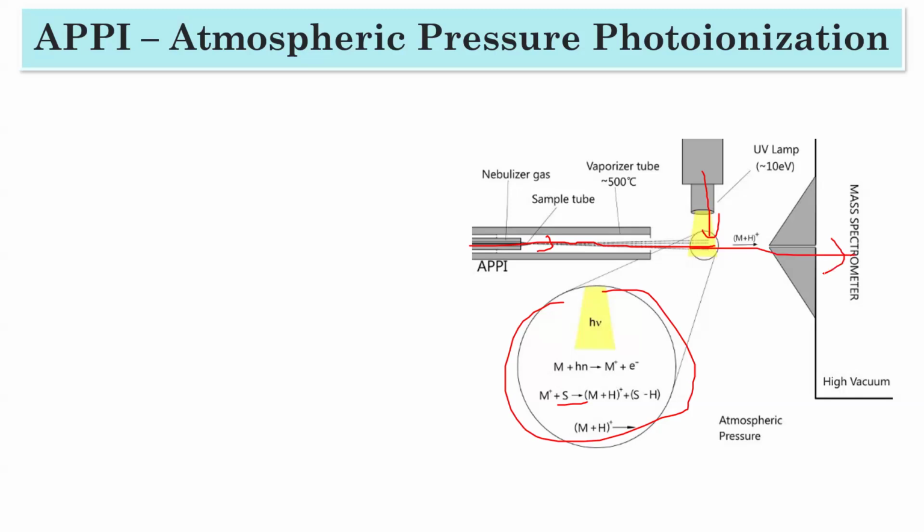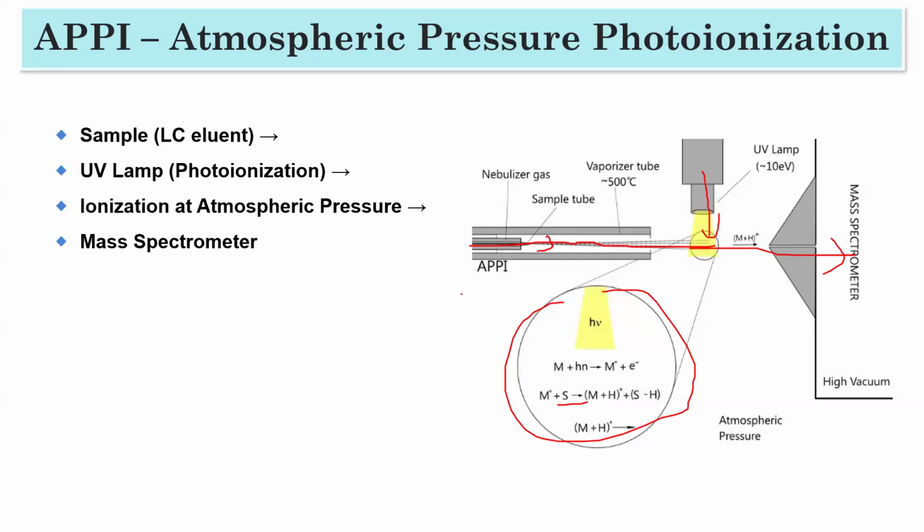All of them have a similar concept. First you have the sample and then you have a UV lamp, which will help in photoionization, and in this case also ionization is happening at atmospheric pressure, and then it will move to the mass spectrometer.